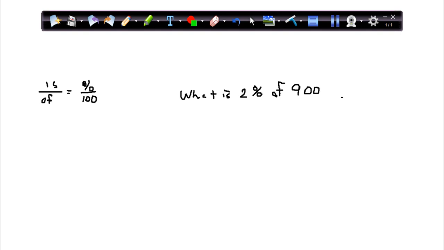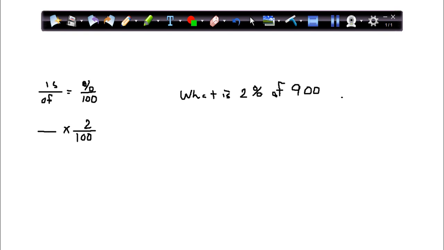Okay, so to get this, let's just take from the question and plug it into the formula. The percent is 2, so we're going to put 2 in the formula. Now with this formula, 100 is always the same, so we just bring the 100 down, okay? And then what do we know? Of what? Of 900, right?